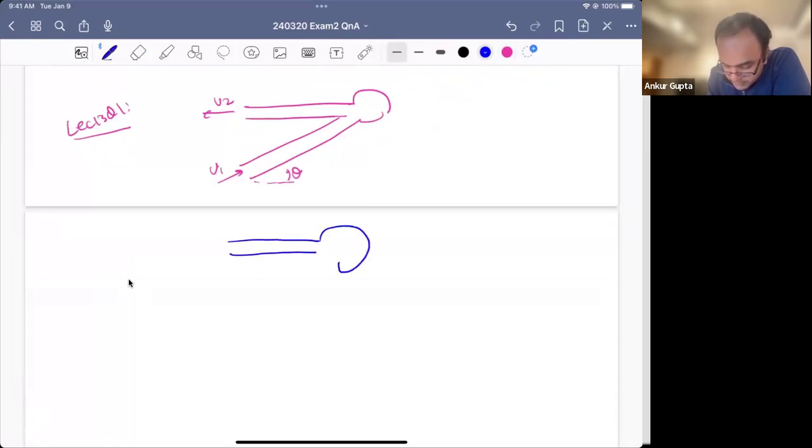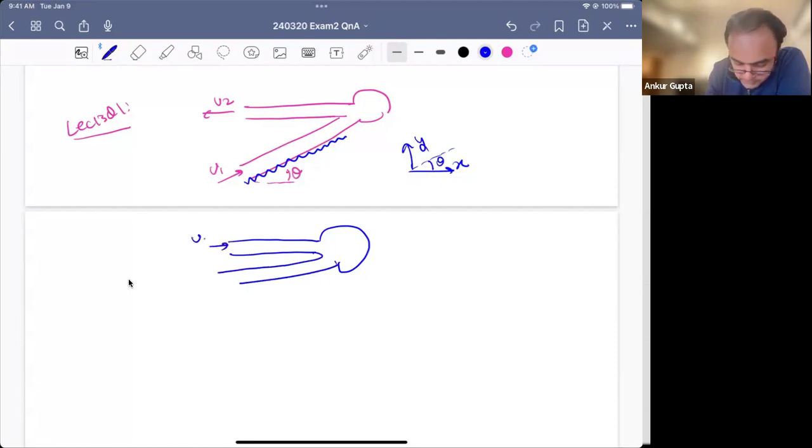The way I would put it is this: if this pipe hugs the x-axis, so this is y, this is x, if this side of the theta hugs the x-axis, that's essentially the angle you make with the x-axis. So if I have a U-turn, this pipe, U1, is hugging the x-axis.